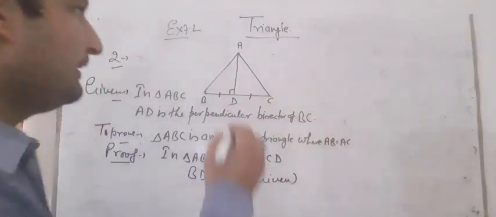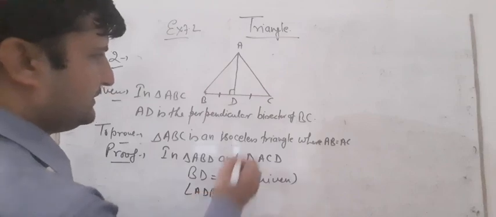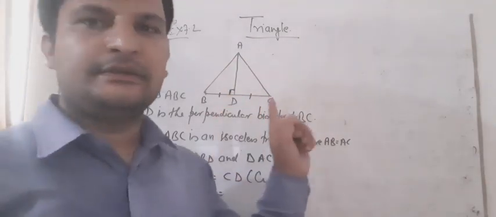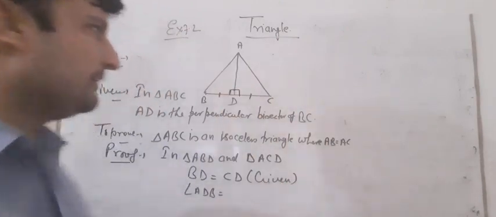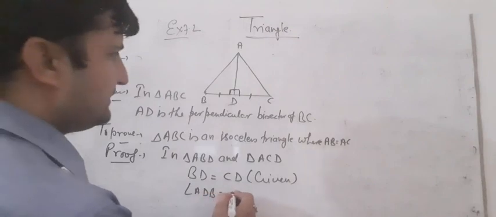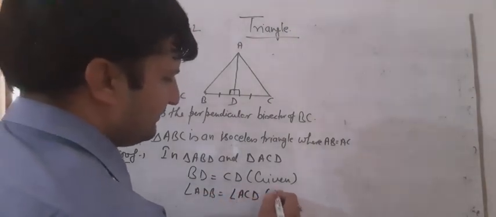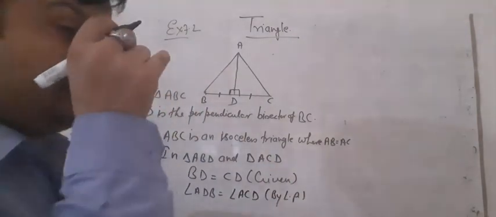And then angle ADB is equal to, look student, if this angle is 90 degree, it is a straight line, means this angle is also 90 degree. By using linear pair we can say that angle ADB is equal to angle ACD by linear pair. It is already given.